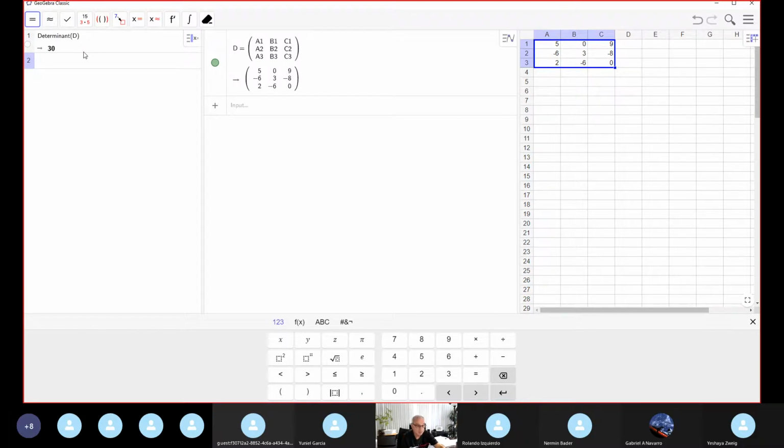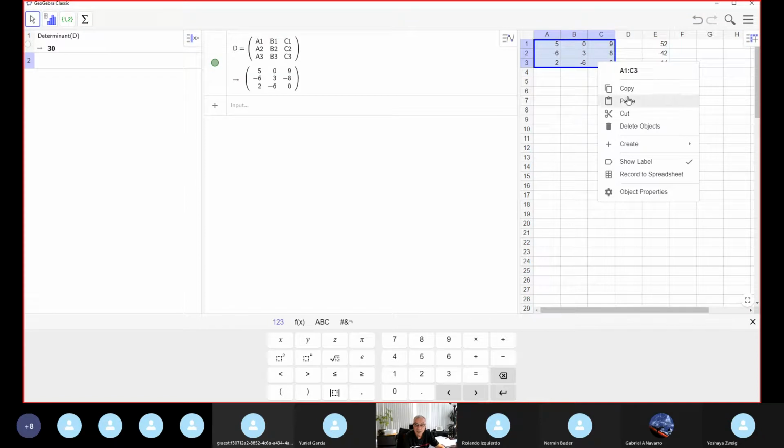Okay, the rest is easy because here I organize it in that way. I copy here 52. Copy here negative 42. I copy here negative 14. It's the right-hand side numbers. Good. So I select my original matrix, I copy, I paste.